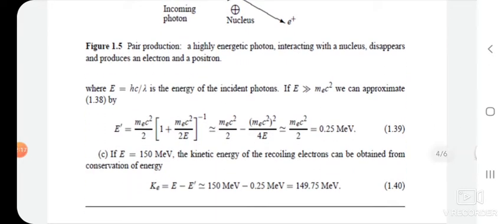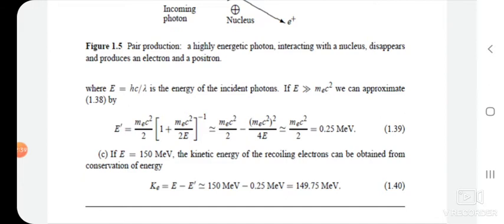Then E is equal to hc by lambda, the energy of the incident photon, which is very much greater than the rest mass energy. That's why E prime is equal to mec square by 2 into 1 plus mec square by 2E raised to minus 1.